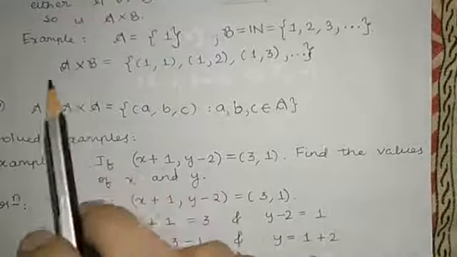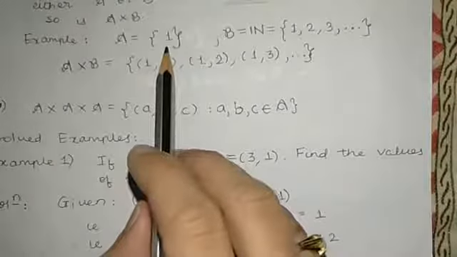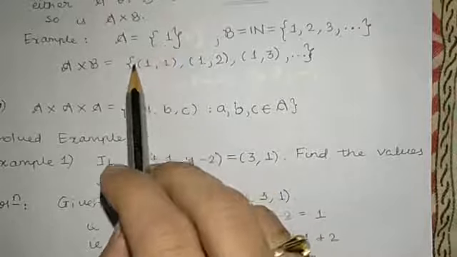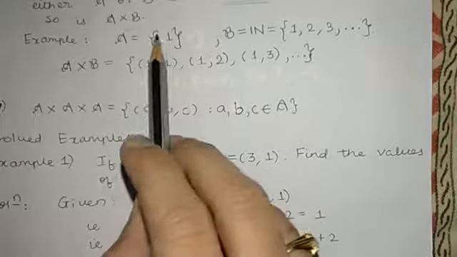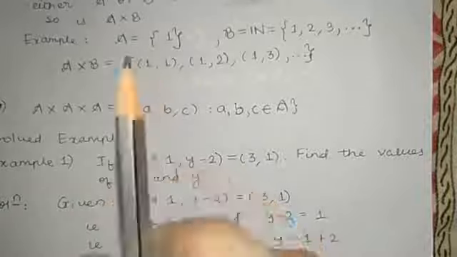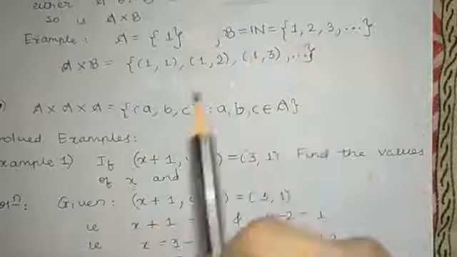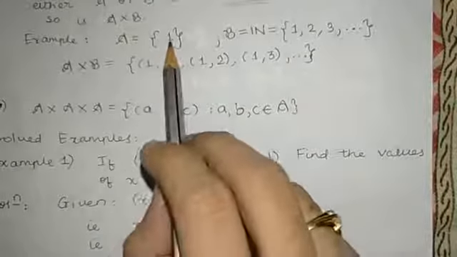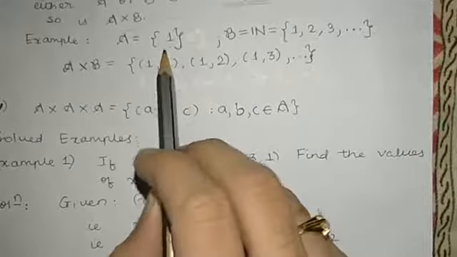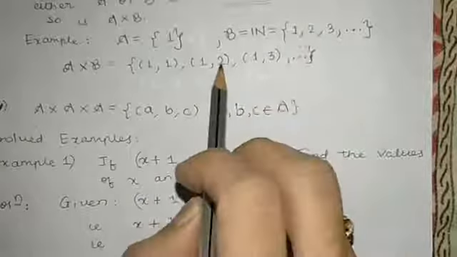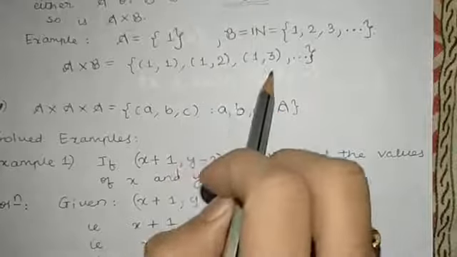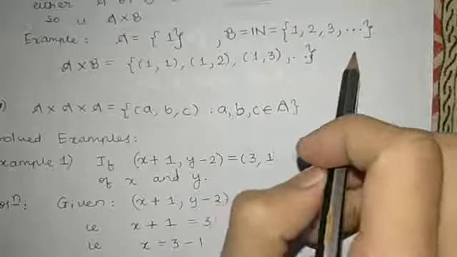Now A cross B, what will happen? A cross B means you take the first element of the ordered pair from the set A and the second element from the set B. So what will you get? (1, 1) is one element, then (1, 2) is another element, (1, 3) is the next element and so on.